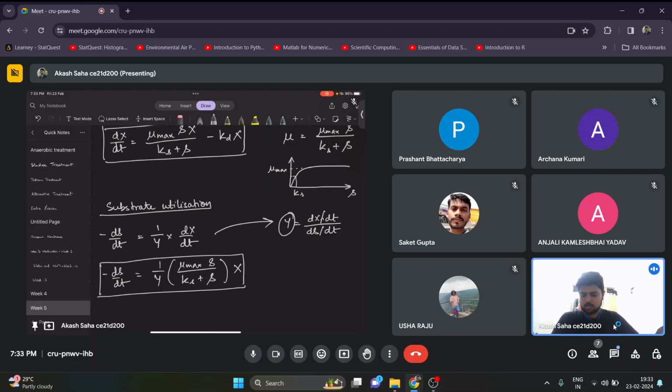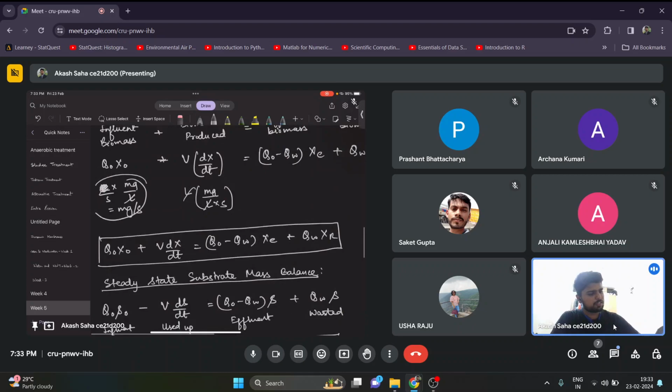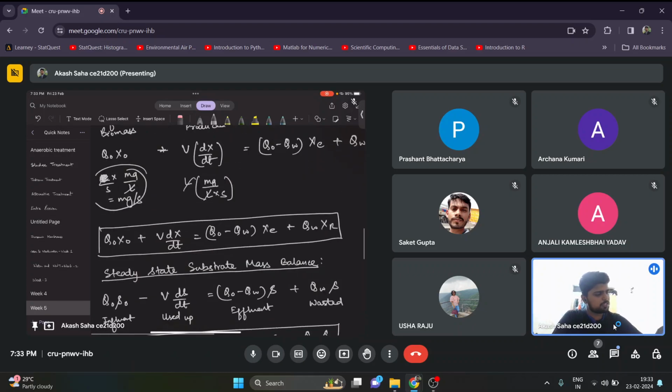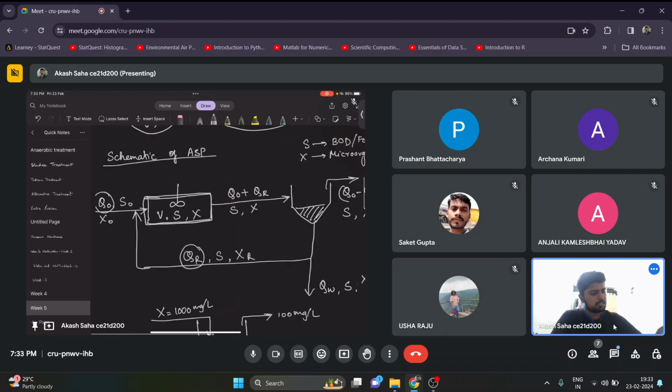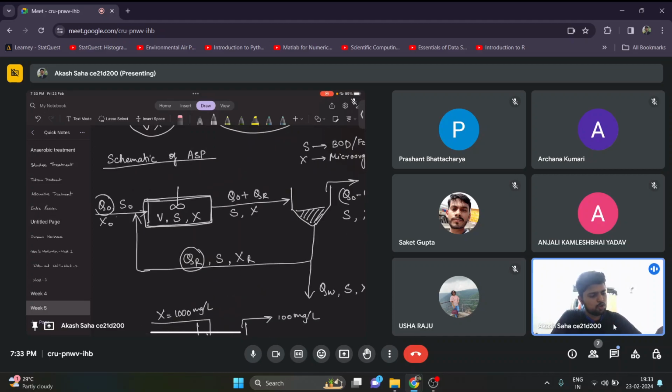Okay, so now in our first equation, so what was our first equation? This was my first equation. Now we will assume that in our system there is no inflow of microorganisms. So my X naught will become 0.